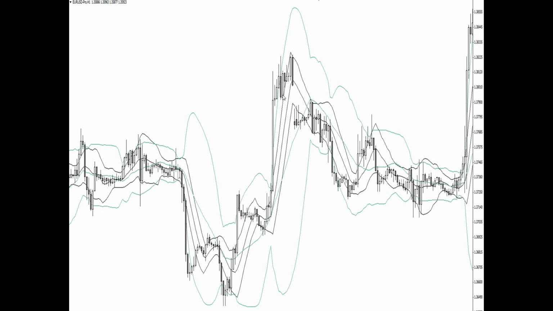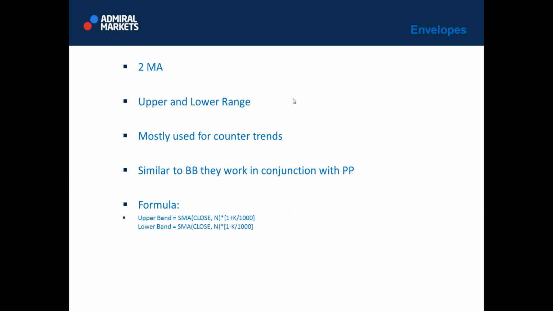We will concentrate now on Keltner channels. Next thing, envelopes. Well, what can I say about envelopes. This is a standard MT4 indicator. Envelopes is basically only two moving averages. One moving average is shifted upward and another one is shifted downward.